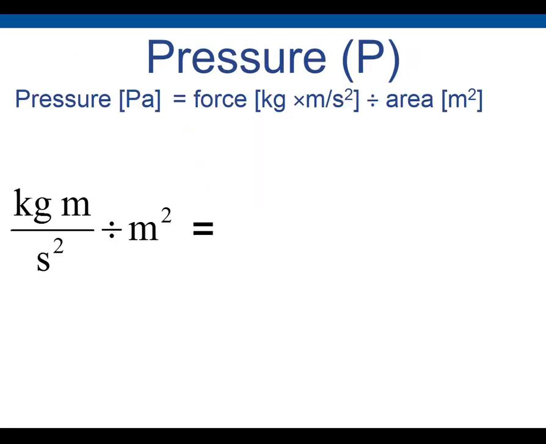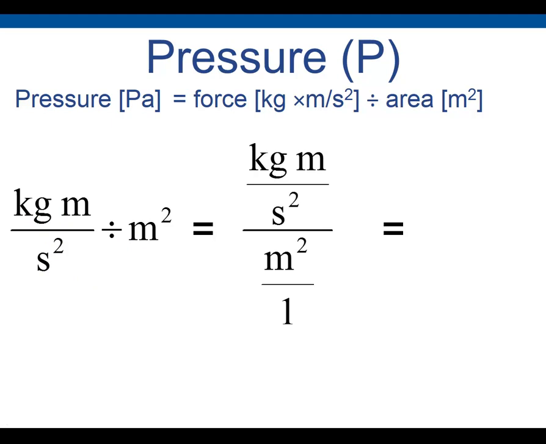How about the pressure? Pressure is force divided by area. This is the force we were just looking at: mass times length, divided by T squared, divided by area, which is length squared. Let's use kilogram, meter, second here.